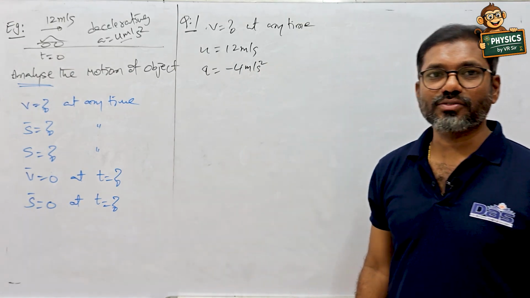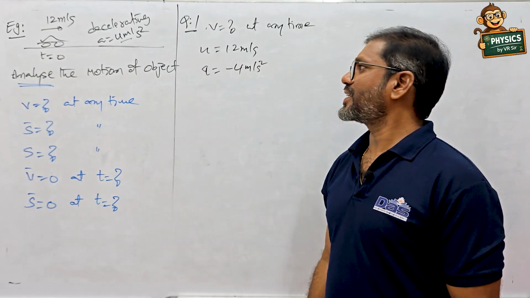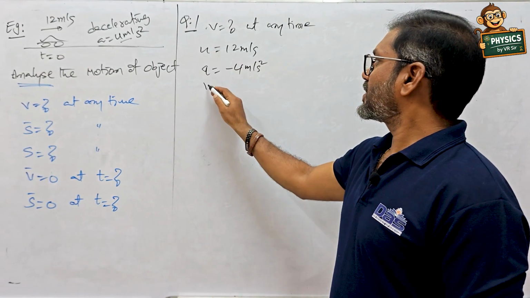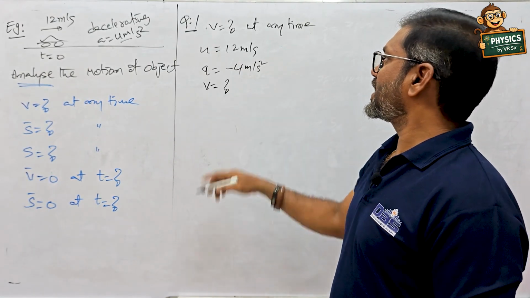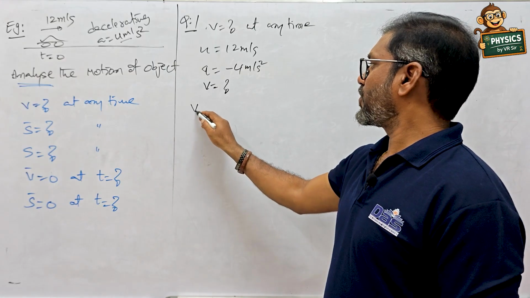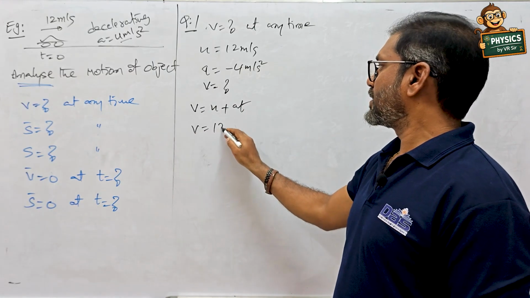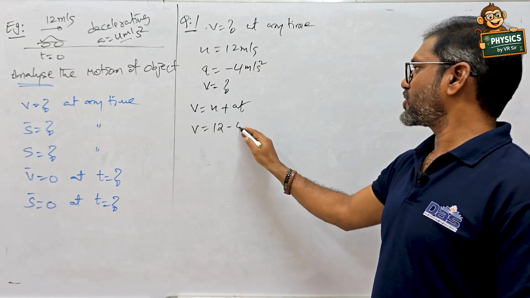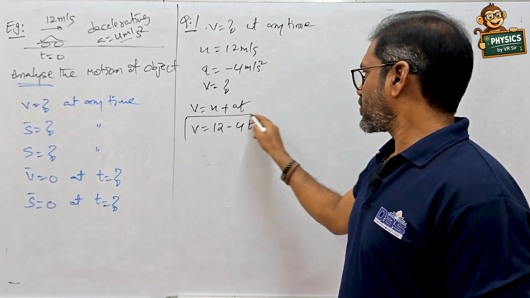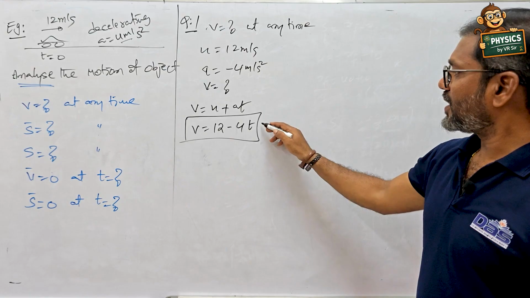You need to substitute this. Why? Because it is mentioned decelerating. Now velocity is equivalent to how much at any time? So use v is equivalent to u plus at. So v is equivalent to 12 minus 4 into t. Please consider this as the velocity at any time.